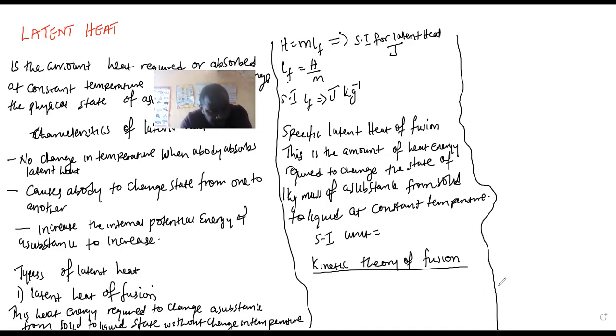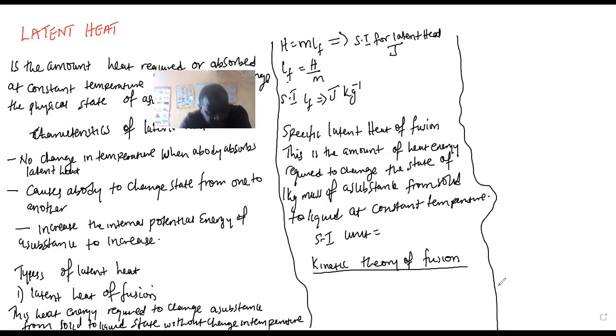So I've already talked about a solid tending to go to a liquid. It goes there at a constant temperature, and I gave the closest example, which is ice. If ice is to melt, then it is melting at 0 degrees Celsius. When you measure the temperature of the ice, it should be 0 degrees Celsius. The same applies when it is coming from the liquid back to ice.